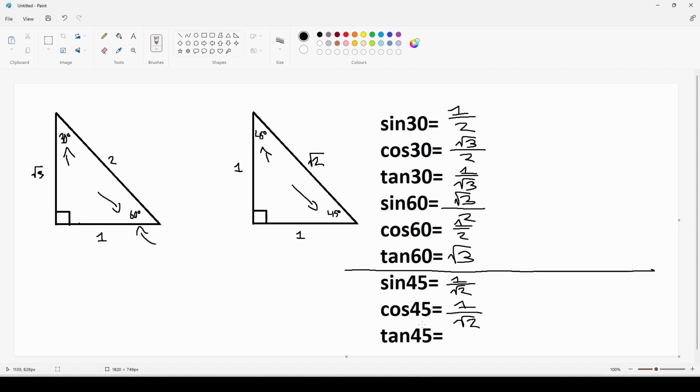And lastly, our tangent of 45 degrees is going to be our opposite over our adjacent, which we already know are equal, so it's just 1. And so when you see any of these values, 30, 60, or 45, you can just draw these triangles out pretty easily and be able to tell the exact values.